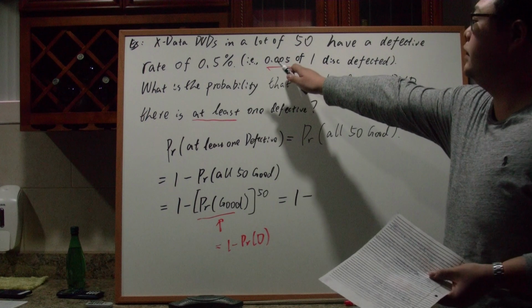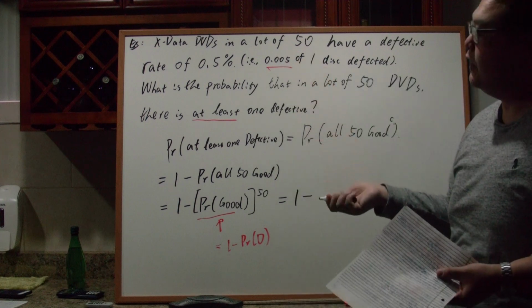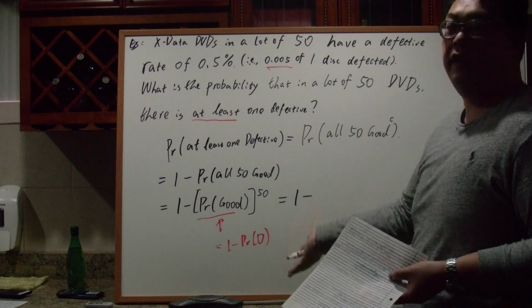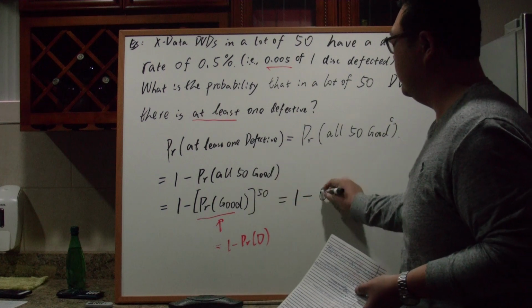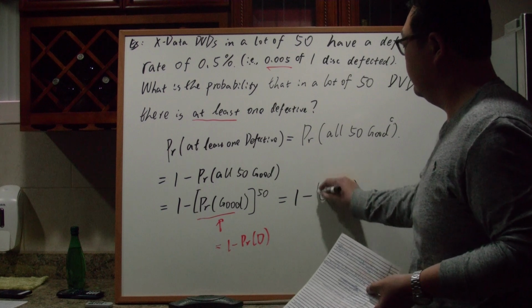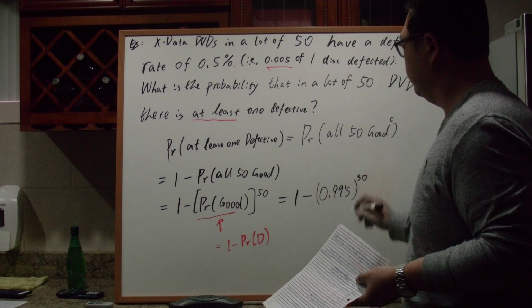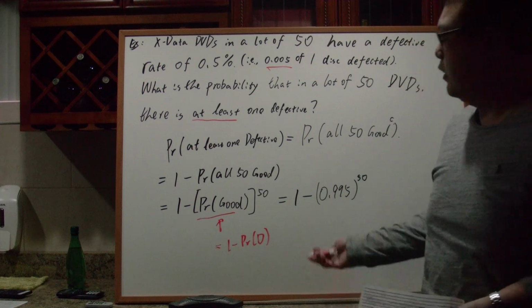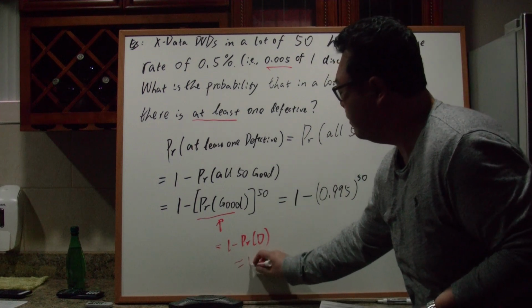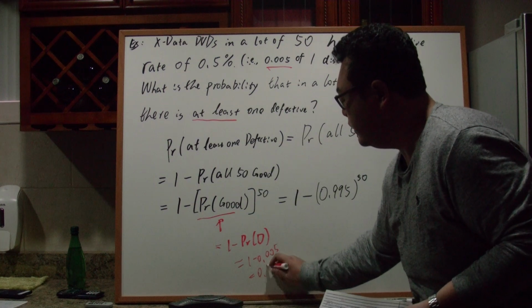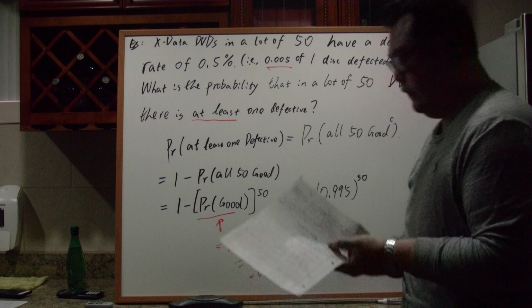I have 0.005, or 0.5%, for one DVD to be defective. Then if it is good, that will be 0.995. Or if you want to see it, that is 1 minus 0.005, which is 0.995.